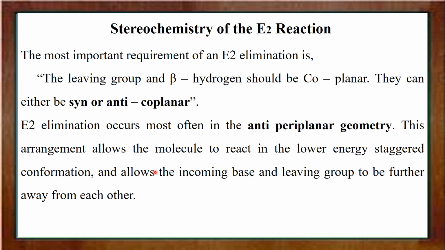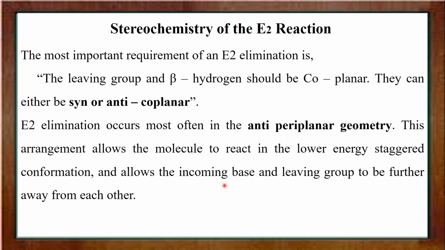It is better if the leaving group and beta hydrogen are in opposite directions. This arrangement allows the molecule to react in the lower energy staggered conformation. And this arrangement allows the incoming base and the leaving group to be away from each other. So the base is abstracting the beta hydrogen, but the leaving group is on the opposite side.